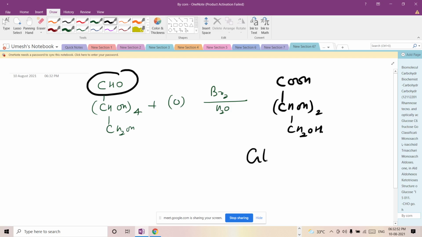This compound is called gluconic acid. That indicates the presence of the aldehyde group.